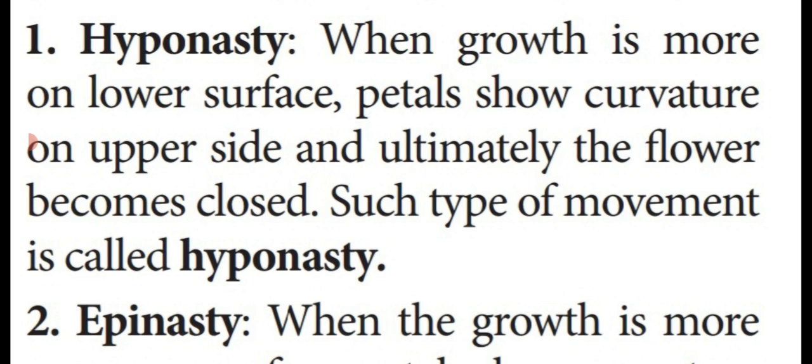For example, petals of a flower showing the curvature on the upper side. Ultimately, the flower becomes closed. Such type of movement is called hyponasty. That means curvature of a petal on the upper side, and ultimately the flower becomes closed.